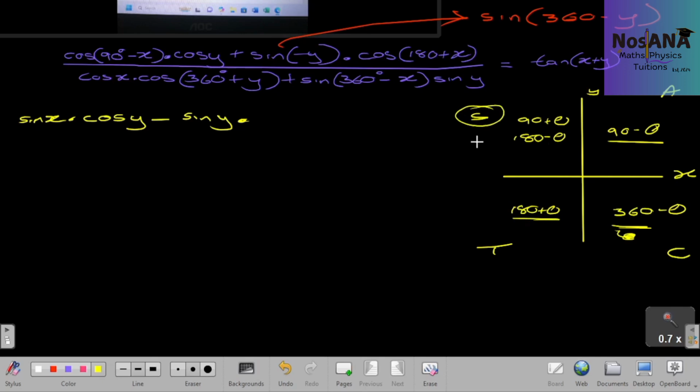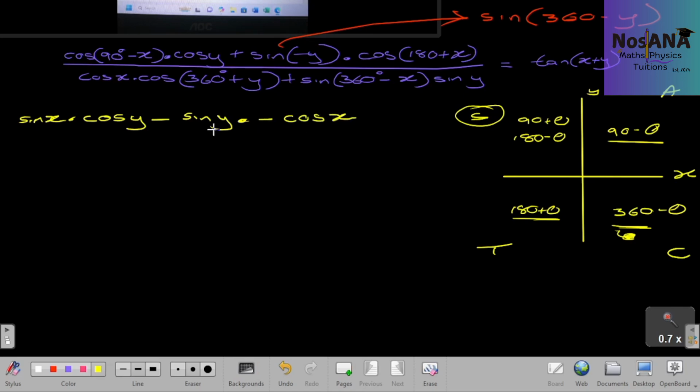Only sine is positive where it is 180 minus an angle, but here we have 180 plus an angle, and only tan is positive. So we say minus cos x.